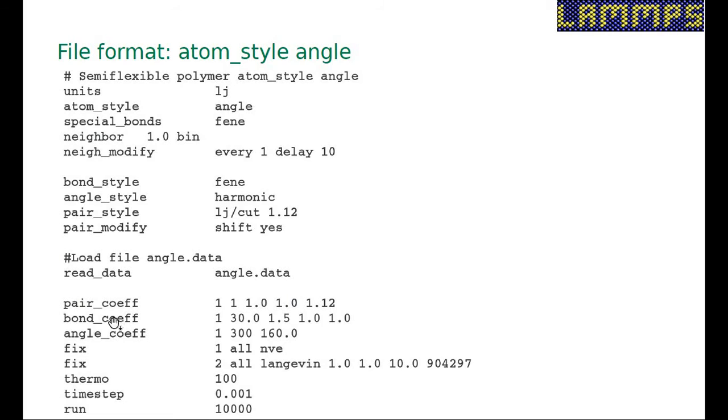Then comes the bond coefficient for the FENE potential and the angle coefficient, where here we have information related to the spring stiffness constant and the maximum angle. And then information of the ensemble we use. In this case, we use the Langevin ensemble for equilibrating this semi-flexible polymer.